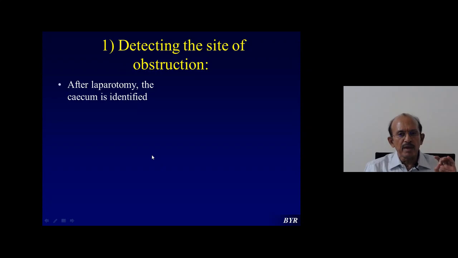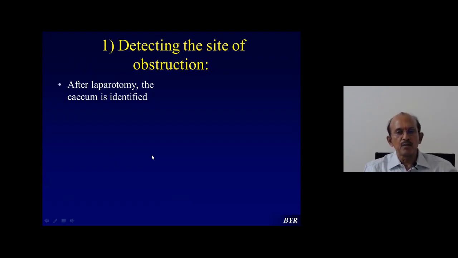After laparotomy, what do you find? Once you make the incision of the peritoneum, all the distended bowels will pop out. So they will be there all round. It is very difficult for you to make out where the obstruction is. That is why, first of all, you must go for the cecum.